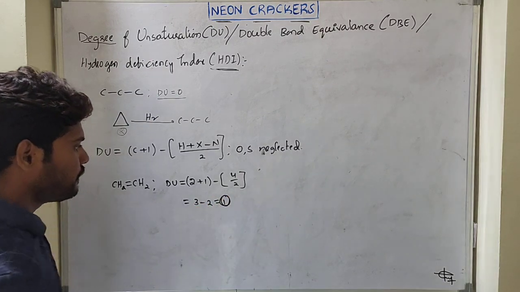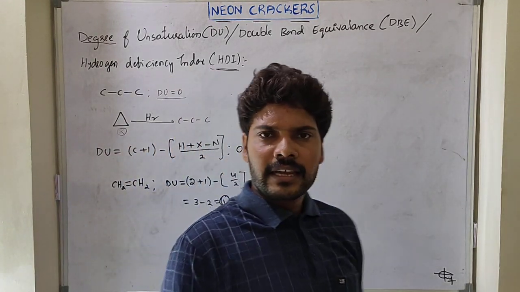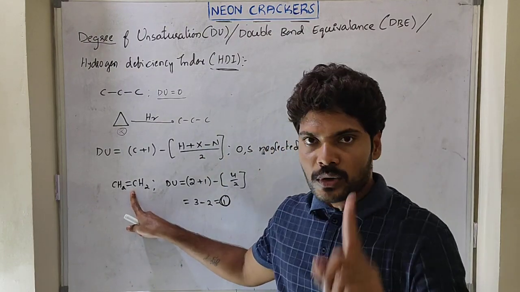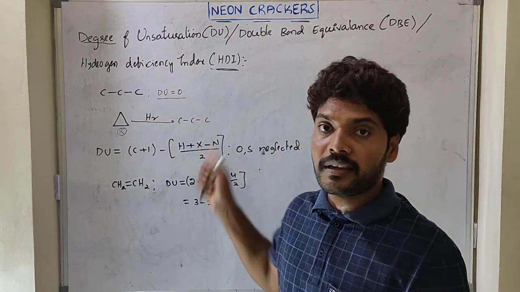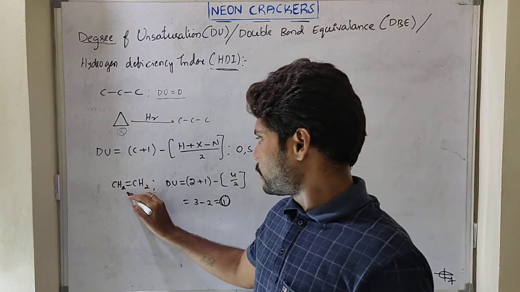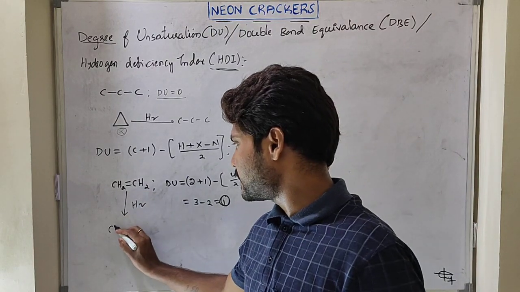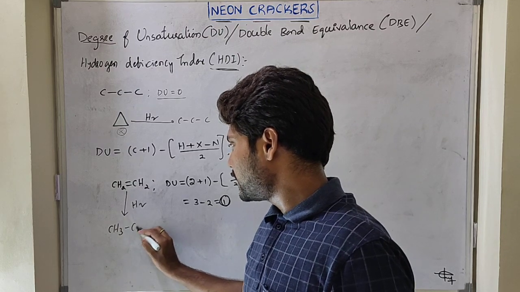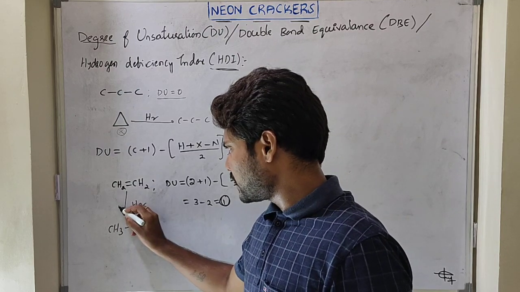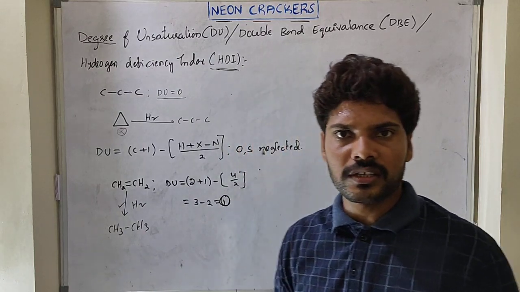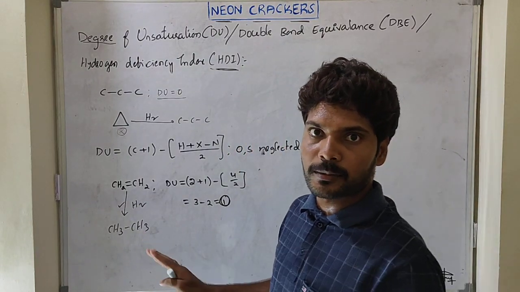So this 1, what does it indicate? 1 indicates this compound requires one hydrogen molecule to prepare a saturated compound. Suppose you react with one hydrogen molecule, what is the formula of the product? CH3CH3. We don't know whatever the condition, mild or strong, but I am discussing probability.